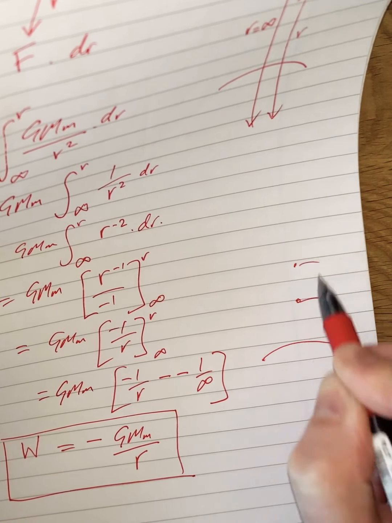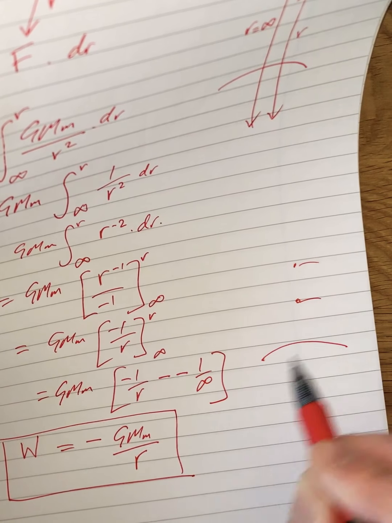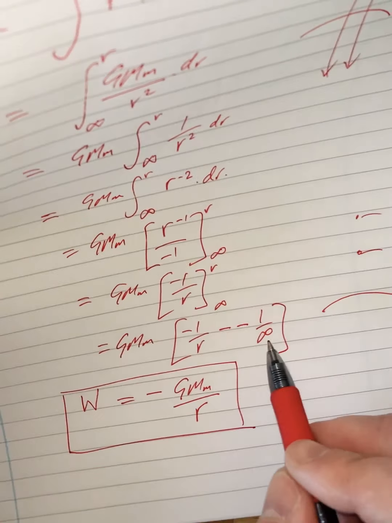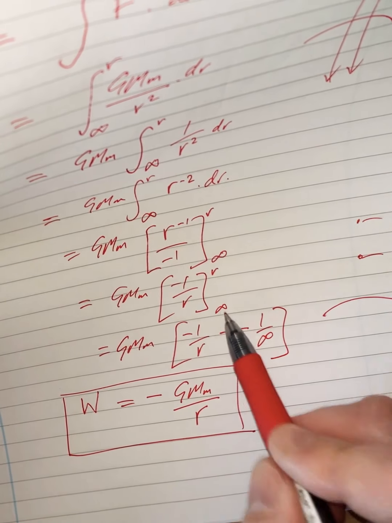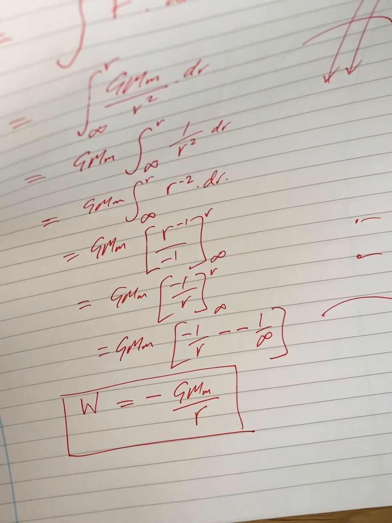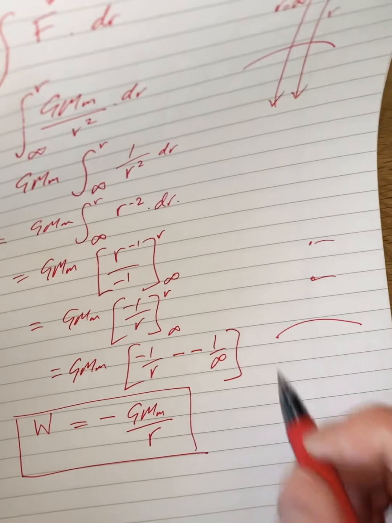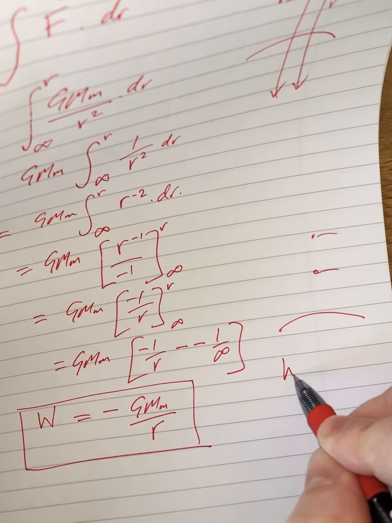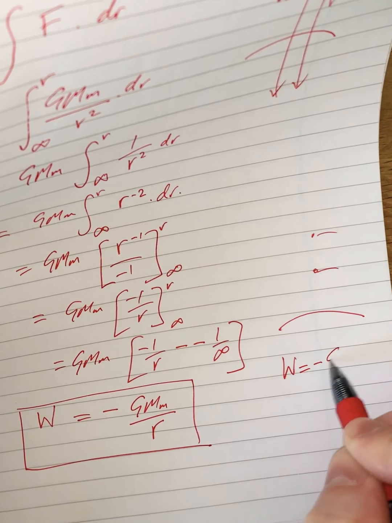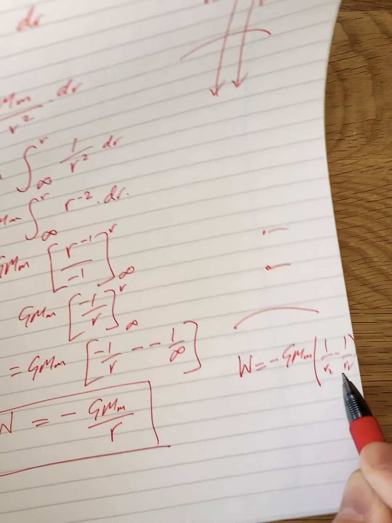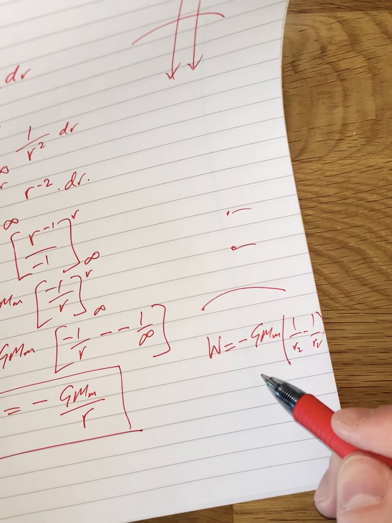You could be here and move up here, or be here and move down here, in which case this wouldn't be from infinity to r, this would be from whatever value you were at to whatever position you go to. So in general, you could say the work done would be minus GMm and then 1 over r2 minus 1 over r1.